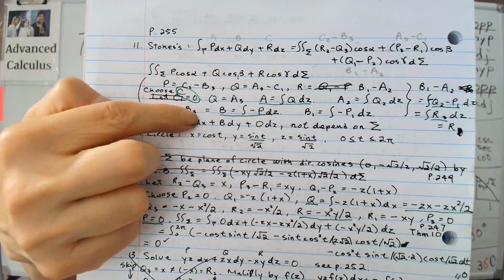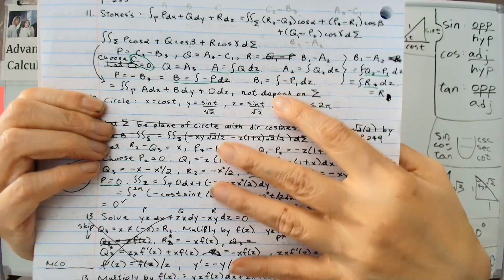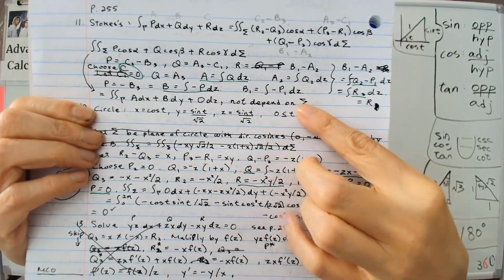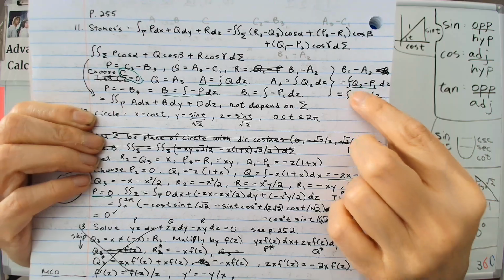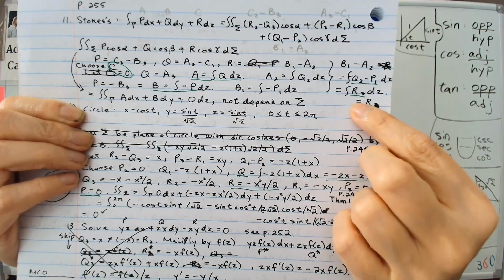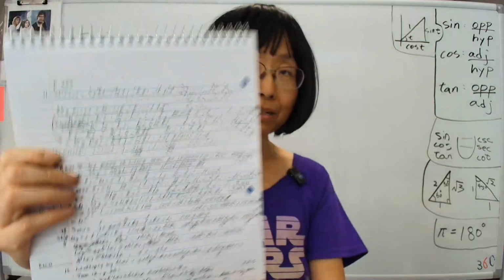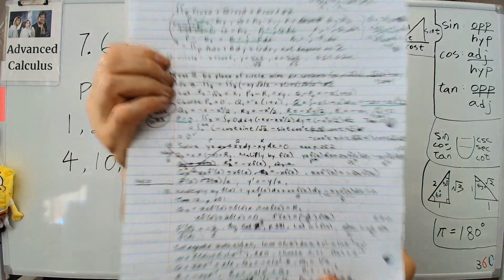So we got A and B, and since A2 and B1 are calculated this way, B1 minus A2 equals minus Q2 minus P1, which is equal to R3. Why is that? Because we're given that P1 plus Q2 plus R3 equals 0.